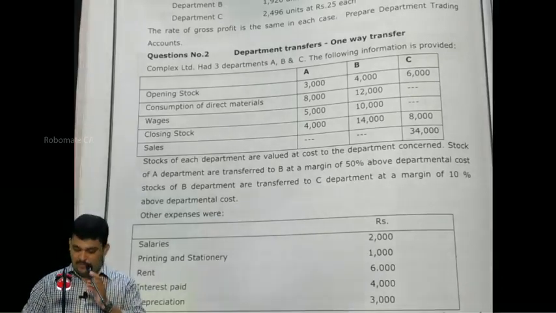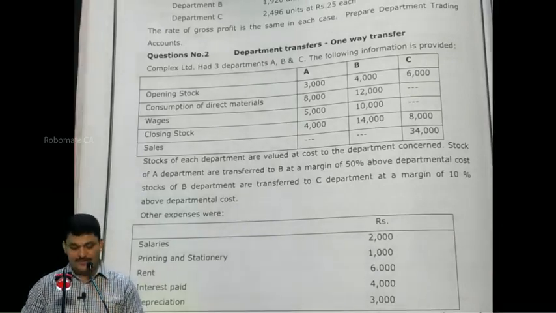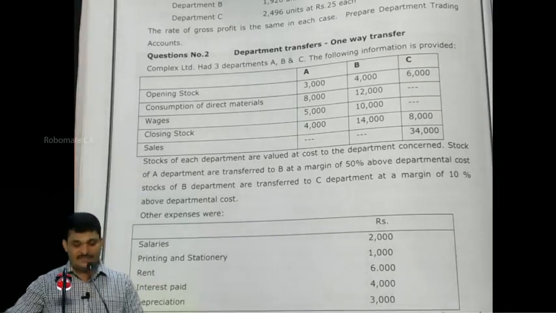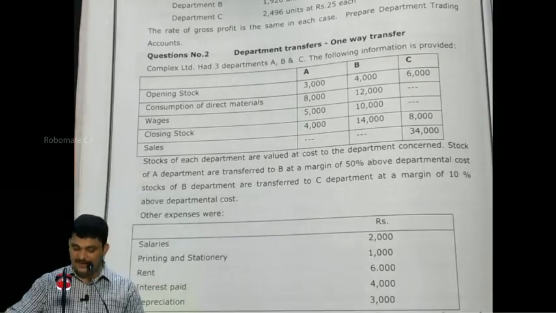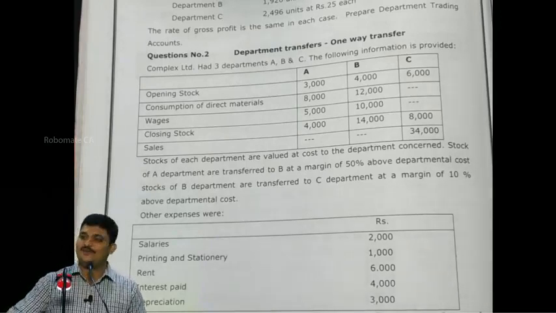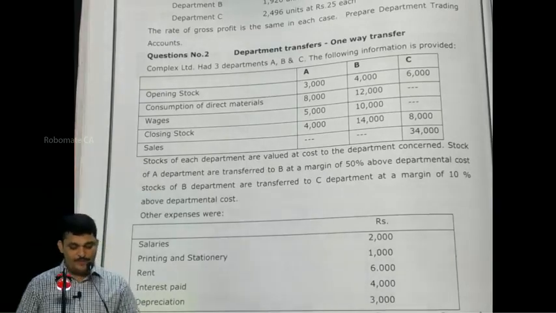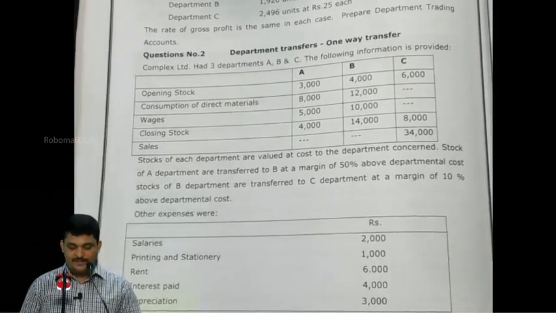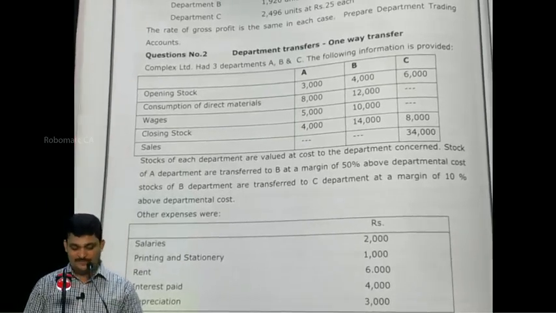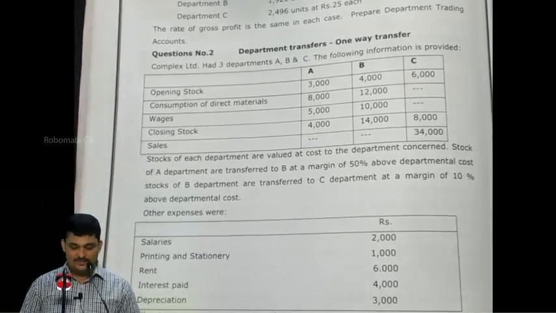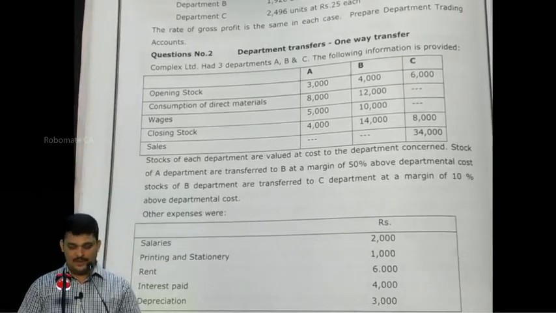Question number 2. Page number 128. Complex Limited had 3 departments, A, B and C. The following information is provided. Opening stock, consumption of raw materials, wages, closing stock, sales.